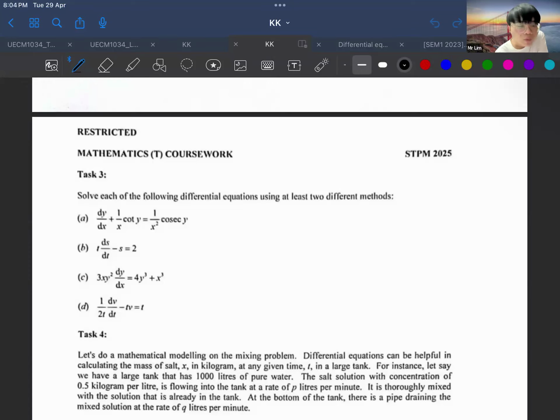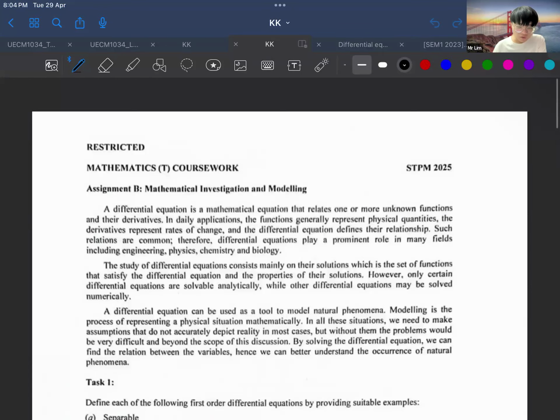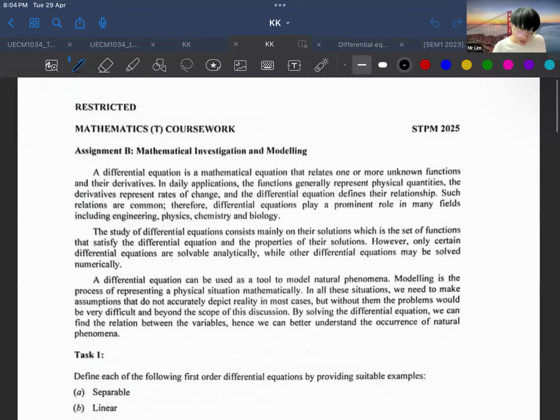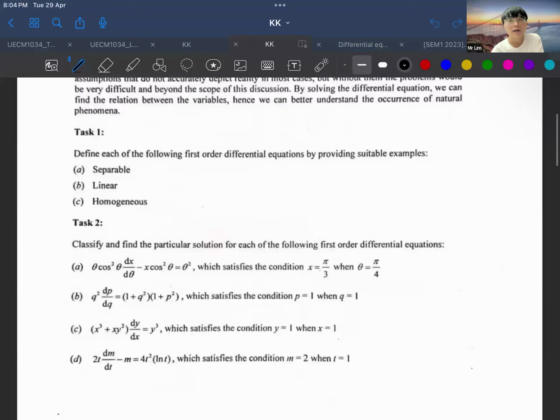All right. So for part one, I'm going to discuss task one. You need to understand the structures of your differential equations. Your separable and linear are the ones that you already covered in the syllabus. So these two are already covered.